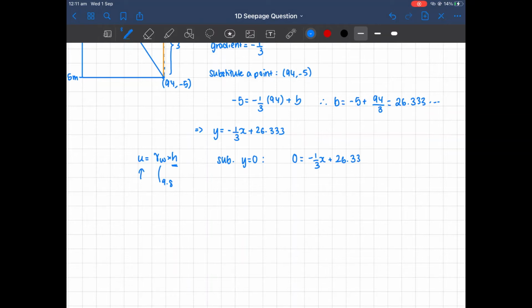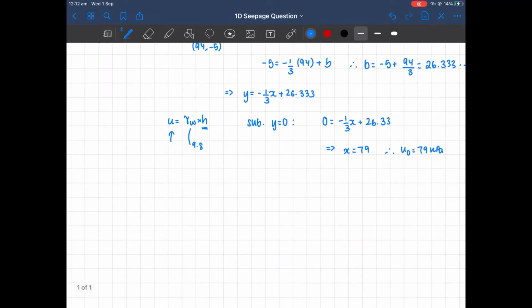Rearranging this, we get x equals 79. Therefore, the pore water pressure is 79 kilopascals. Now we can substitute this into that equation and we get 79 equals 9.8 times H, and therefore H, or HW, is 79 on 9.8, which equals 8.06 meters.